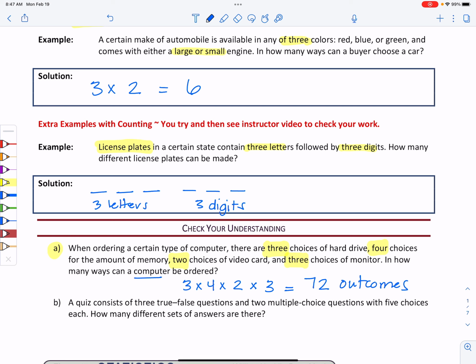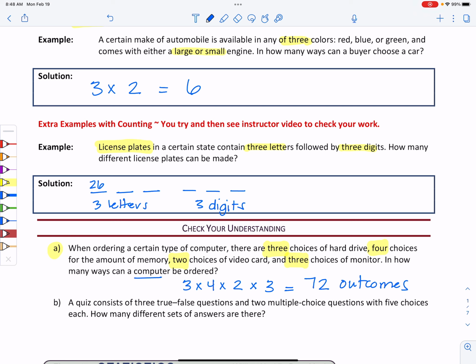Then I'm going to go back and figure out for myself the number of possible outcomes. Just like there were 3 choices for the hard drive, if I look at each individual letter and think about the number of choices, there are 26 letters in the alphabet. So this first letter can be any one of those 26.